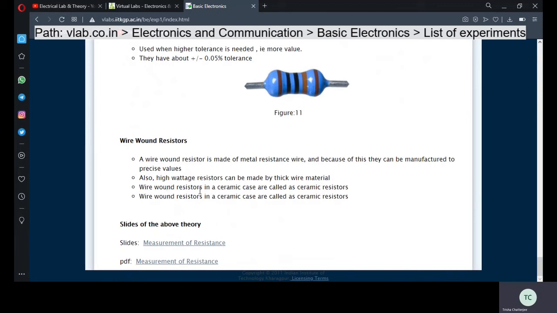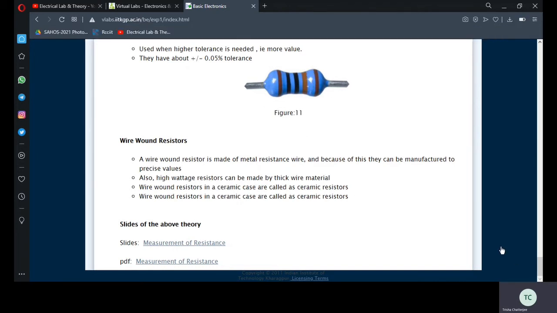High wattage resistance can be made with thick metal wires. Wire wound resistors have a ceramic case. Case means this part, the above part where the markings are given. If the case is made of ceramic, then it is called a ceramic resistor.